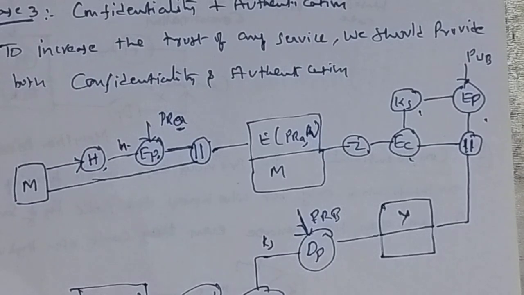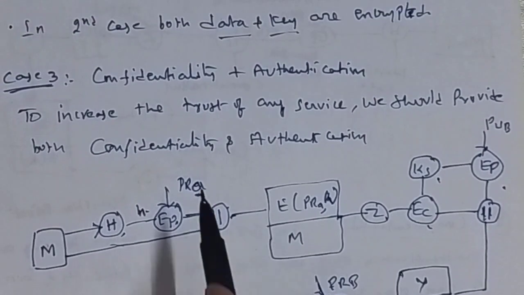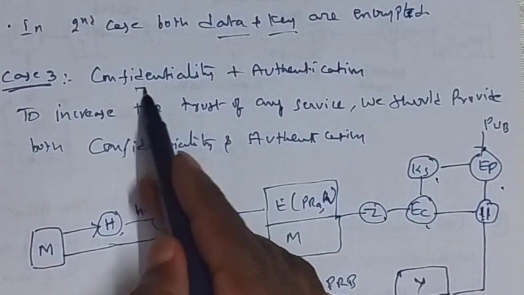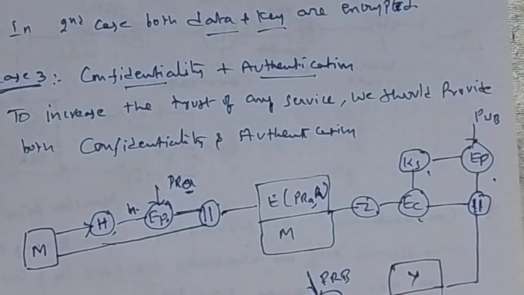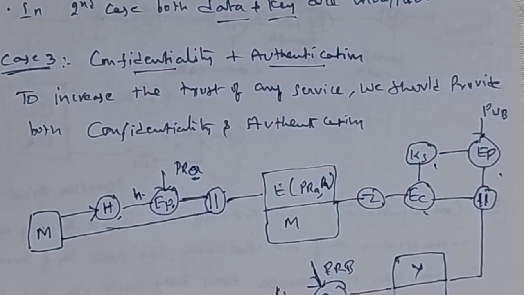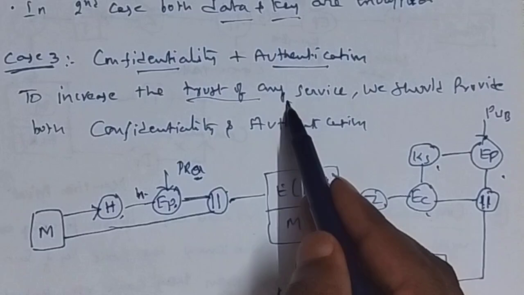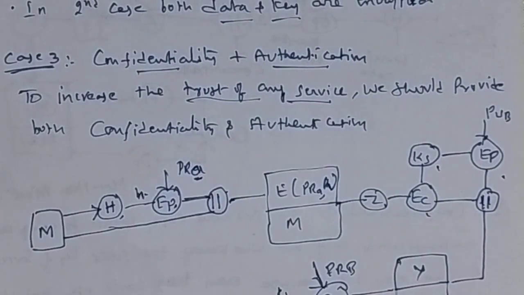If both are the same, then it is correct. What does the third case mean? This is mainly used for confidentiality as well as authentication, to increase the trust of the service.